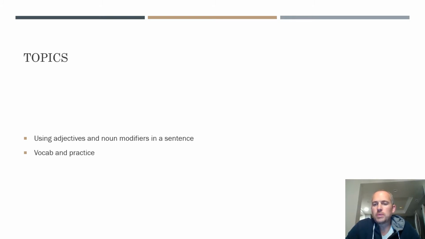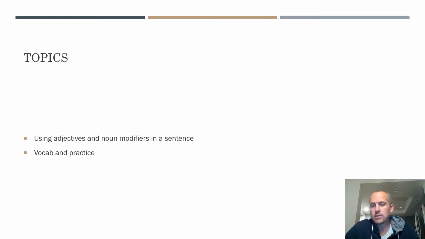Here we'll be going over where an adjective or a noun modifier comes in various different sentence structures in Samoan. Again, I highly recommend that you watch some previous videos, as we'll be building on those in different sentence structures that I've made videos over. And then, of course, we'll do some vocab.